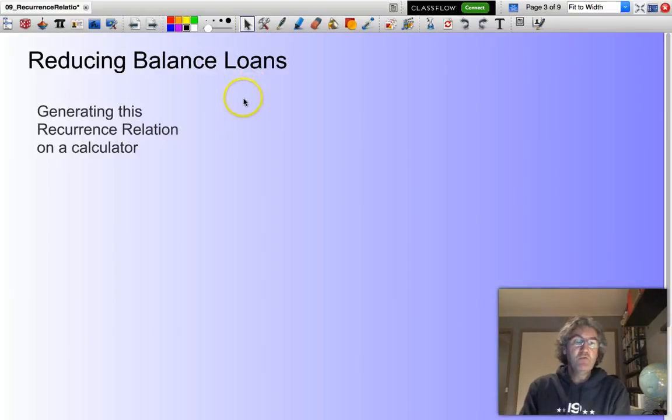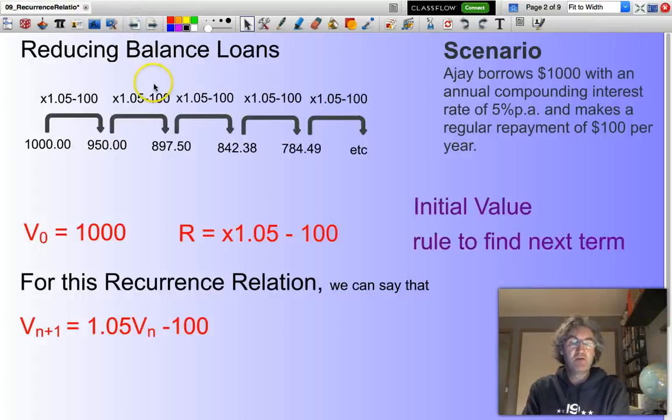Now, you can, if you wish, generate this particular recurrence relationship on your calculator. I'm actually going to skip over that page and move to the next slide. But if you wanted to do that, you'd enter 1,000, then hit enter, and then times 1.05 minus 100, enter, would give you that value there.